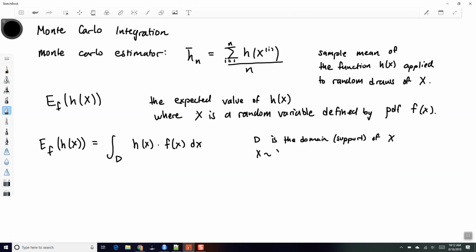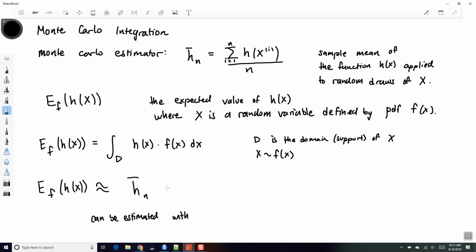We'll say x comes from f of x, okay? And we can say that this can be estimated by h bar sub n, okay?